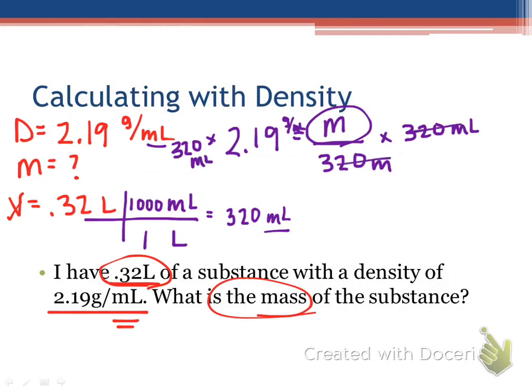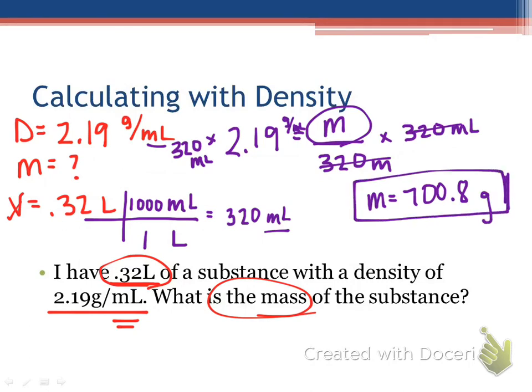Okay, so now M is by itself in the numerator. That's what we want, right? So we stop right there and we say 320 times 2.19, and I get mass equal to 700.8. What would my units be here? Grams. Okay.